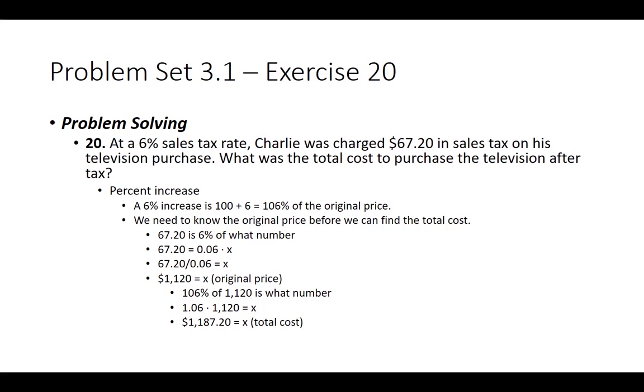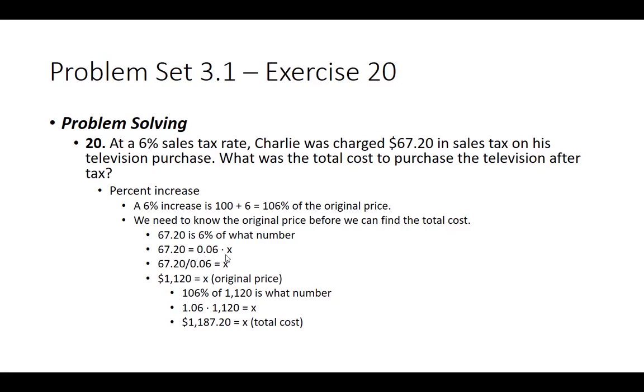So no matter how we think of this, we need to know the original price before we can find the total cost. Sales tax rate 6%. The total amount of sales tax $67.20. So 6% of the original cost is going to be $67.20. We need to know 67.20 is 6% of what number?